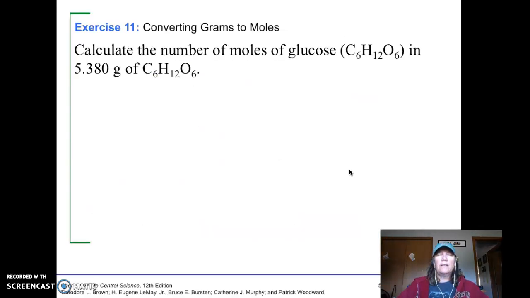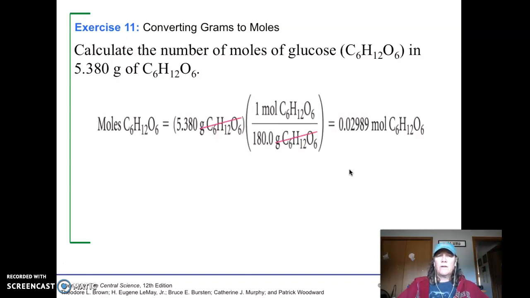All right. Calculate the number of moles in glucose. It says I have 5.38 grams of glucose. Because I have grams here, I want grams here. 1 mole of glucose, if I take 6 carbon, 12 hydrogen, and 6 oxygen and add them together, I get 180.